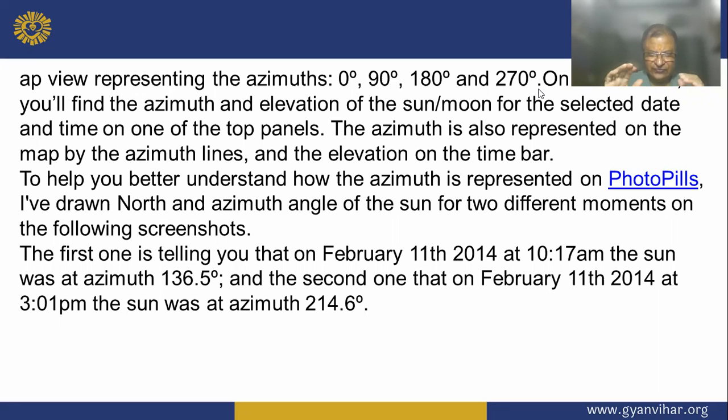The first one is telling you that on February 11th, 2014 at 10:17, the sun was at azimuth 136.5 degrees, and the second one, February 11th, 2014 at 3:01 p.m., the sun was at azimuth 214.6 degrees.